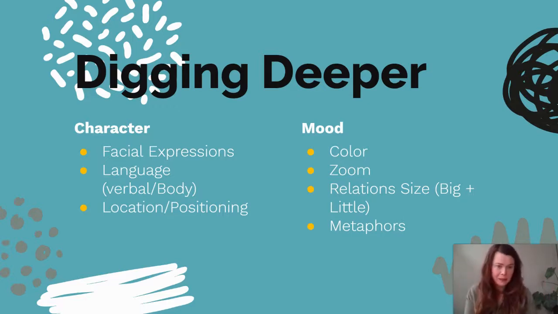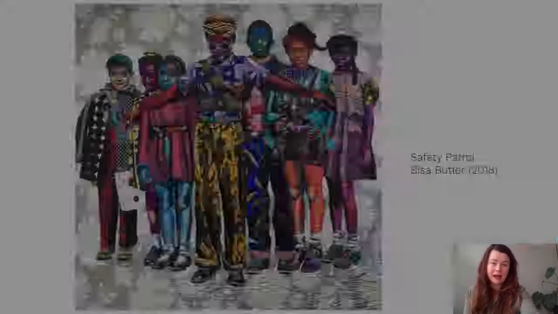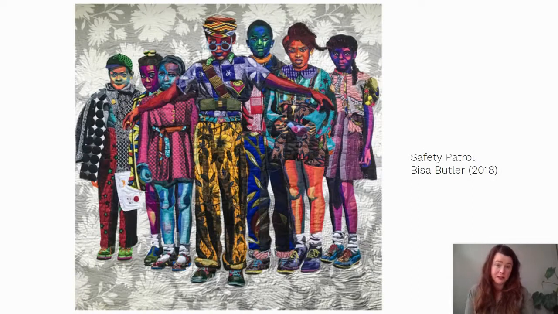In terms of character, visual literacies help us to pay key attention to people's facial expressions, to their language, both verbal and physical, and to the location where they are or positioning on the page, or in Bisa Butler's case, on the fabric. So if we look back at our image and think about the facial expressions of the children in the image, the positioning, how they're located, or body language, we might be able to tell a little bit more. Take a look again. What do you notice now?